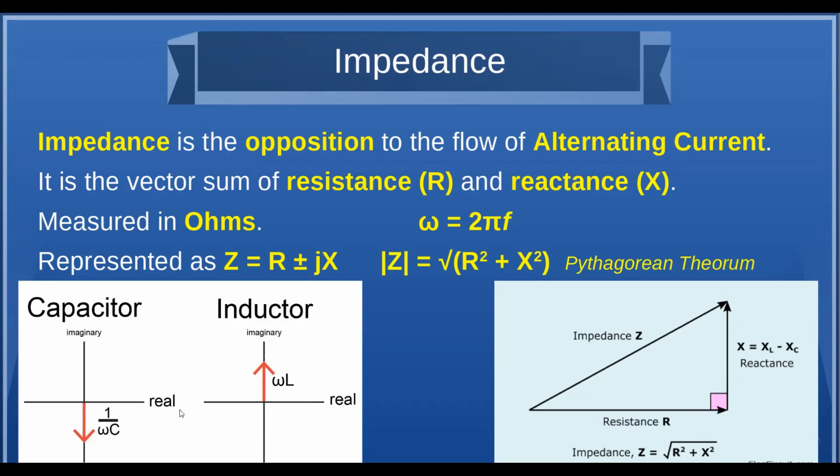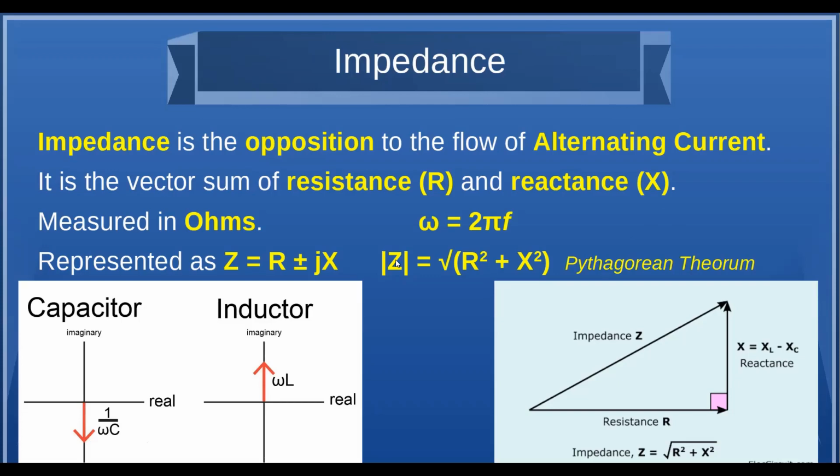And here I'm just showing how you plot the capacitive and inductive reactances. And the way we learned it in engineering was we always used omega, which is 2 pi f. So it's radians with frequency already in it, just to make it less things to write in the formula.